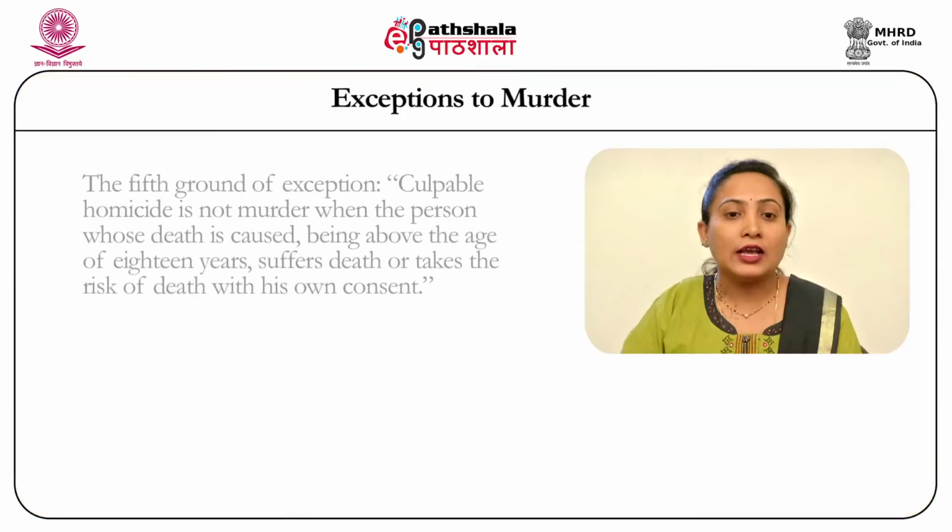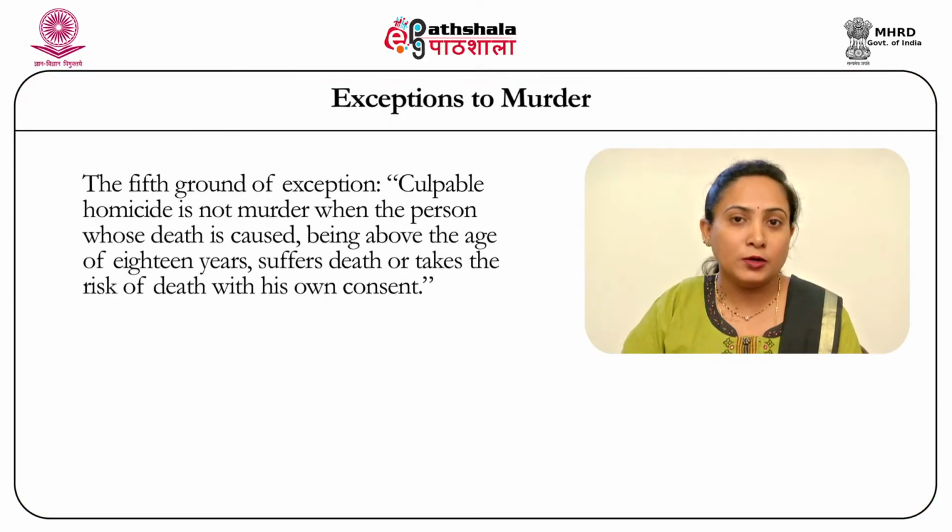That is, culpable homicide will not be murder when the person whose death is caused, being above the age of 18 years, suffers death or takes the risk of death with his own consent. Now, this refers to a case where the accused is causing the death of the victim, provided he is taking the consent of that victim, and additionally provided that the victim is above 18 years.